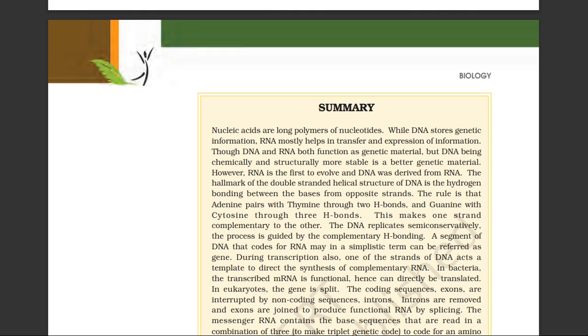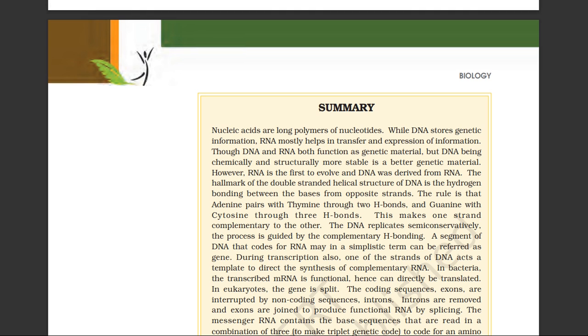A segment of DNA that codes for RNA may, in simplistic terms, be referred to as a gene. During transcription also, one of the strands of DNA acts as a template to direct the synthesis of complementary RNA.